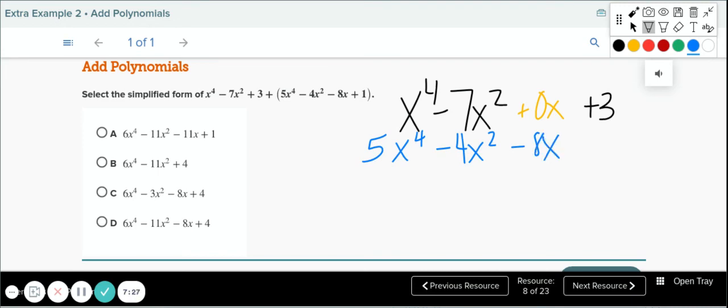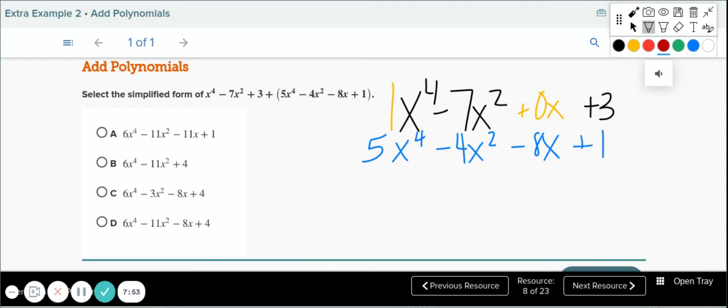So that's what 0 looks like when it's a coefficient. It means that the x is not even there at all. Versus where we see x to the fourth, the coefficient that is there is a 1, because x to the fourth exists. So negative 8x, going back to the second polynomial, there is a plus 1 at the end of that.